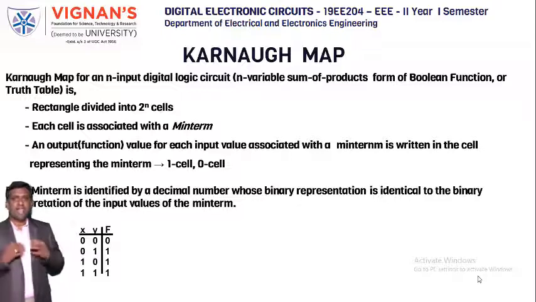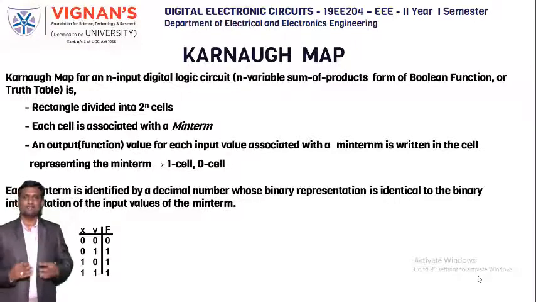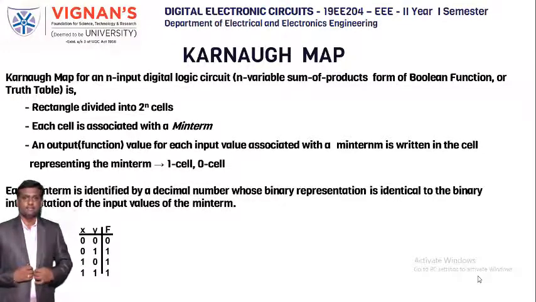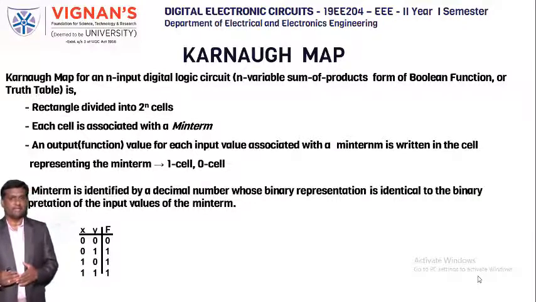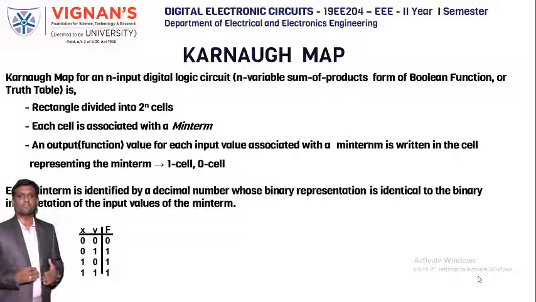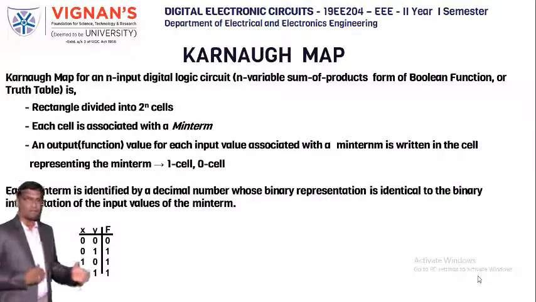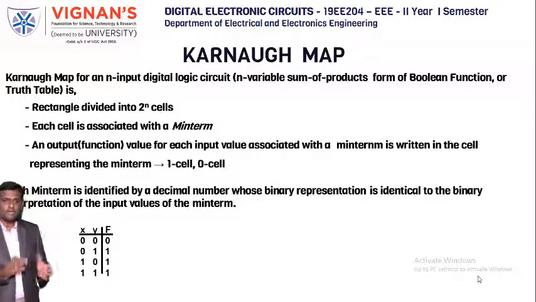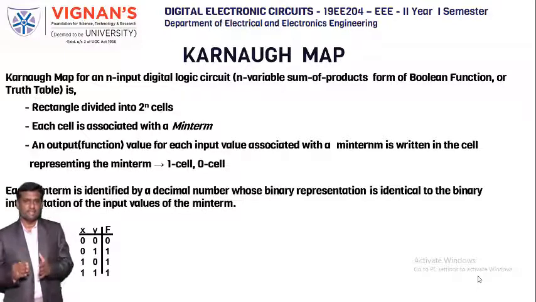In order to identify which terms have to be considered, either for the min term format or for the max term format, from the truth table we have to observe the output function. If you observe the output function F of the given truth table, for the input combination 0 0, it has given 0.